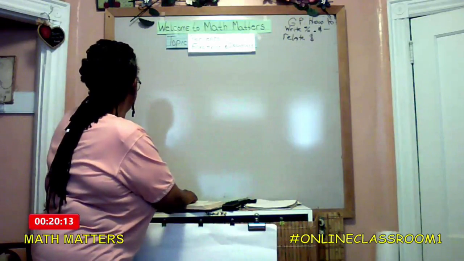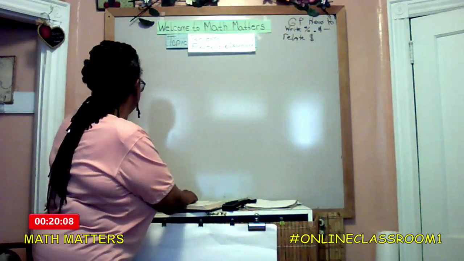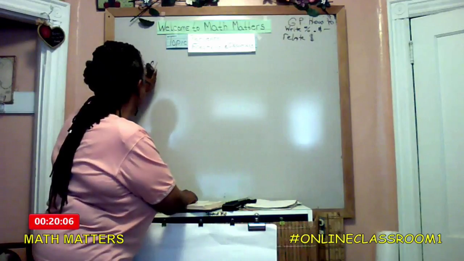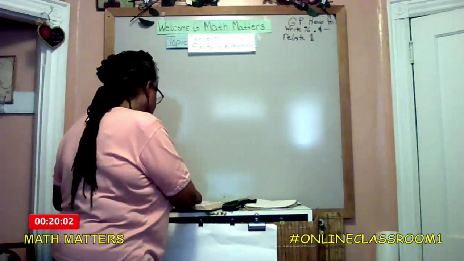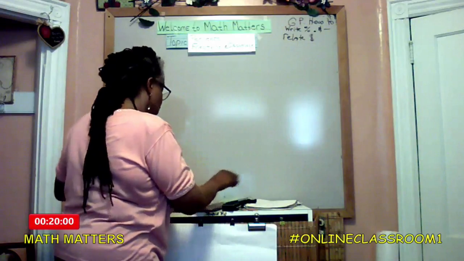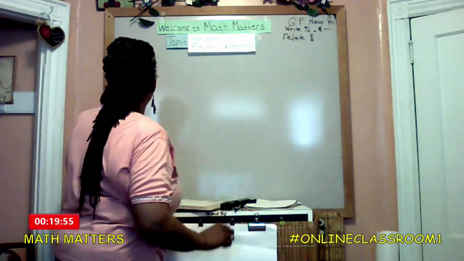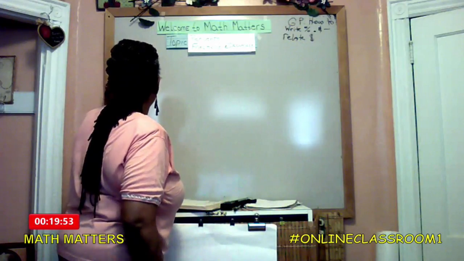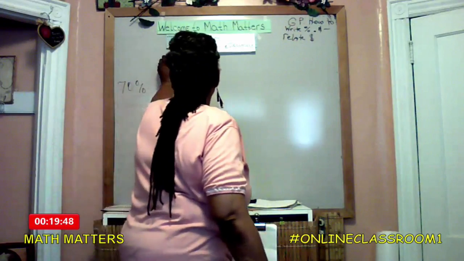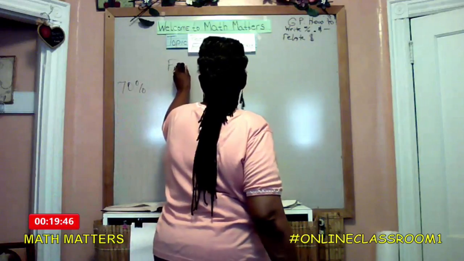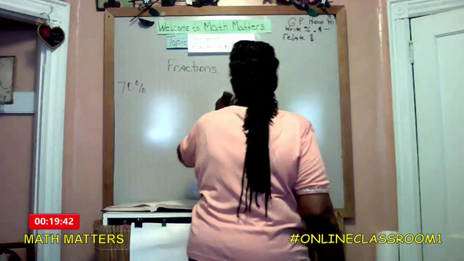Number 1. Uh-oh, my marker. 70%. We're going to write the percent as a fraction. So let me do it this way. Probably need to chart it. So 70%, we'll have here fractions, decimals.